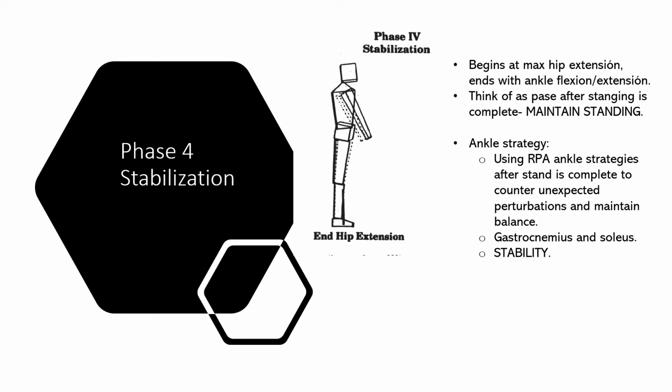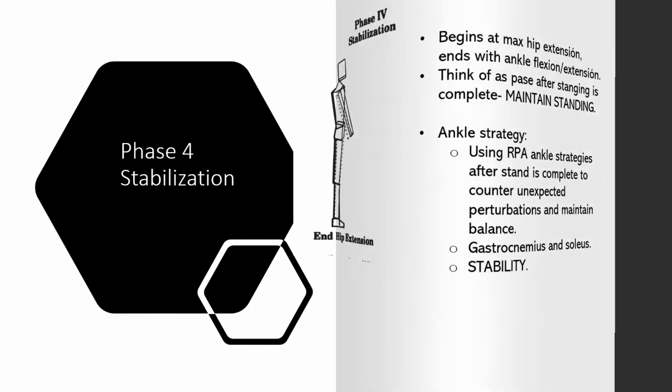This phase begins with maximum hip extension and ends with ankle flexion and extension. You're mostly going to have gastrocnemius and soleus acting as the stabilizers. To prevent the tibia from moving too far forward, you contract the posterior muscles, the gastrocnemius and the soleus, and that is called an ankle strategy.